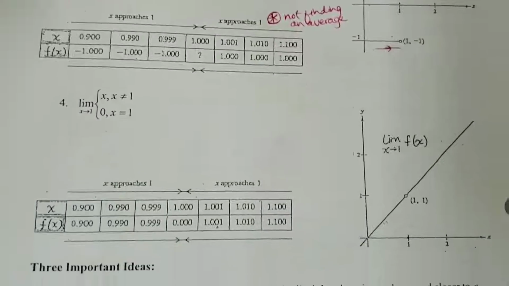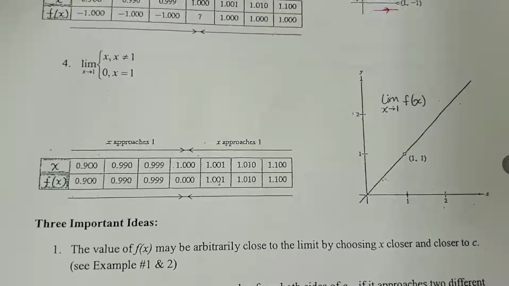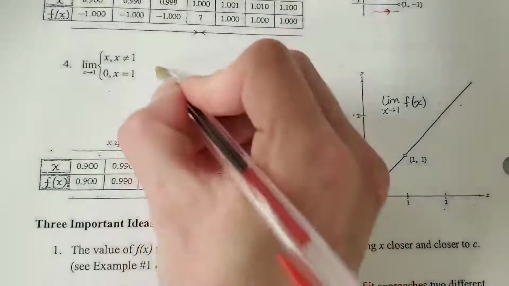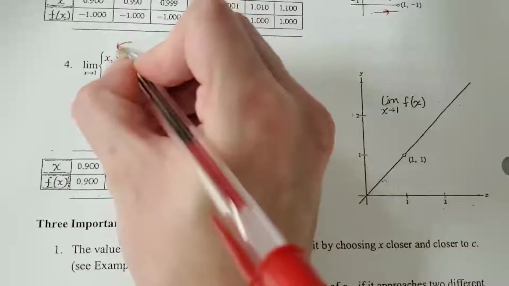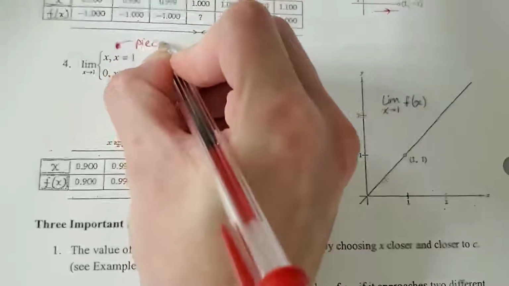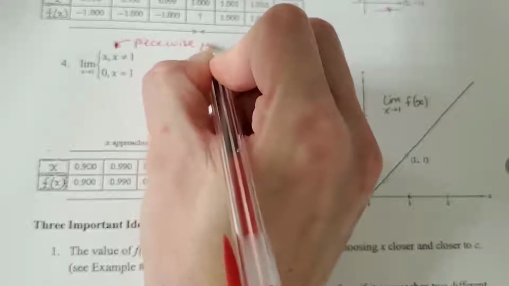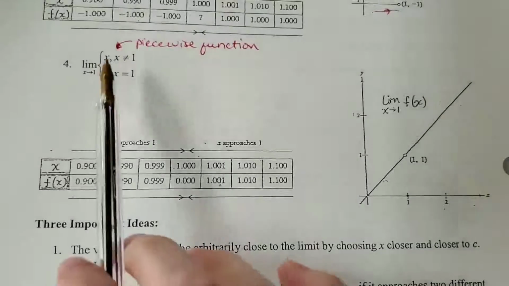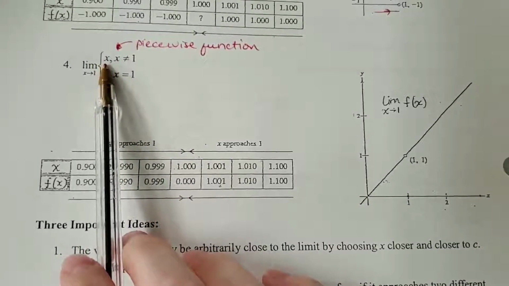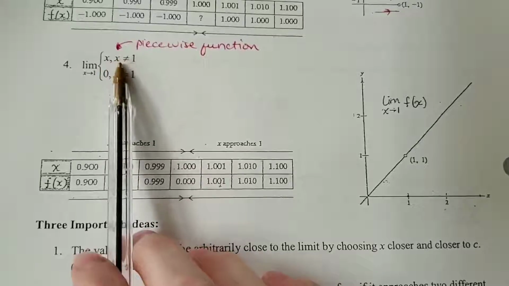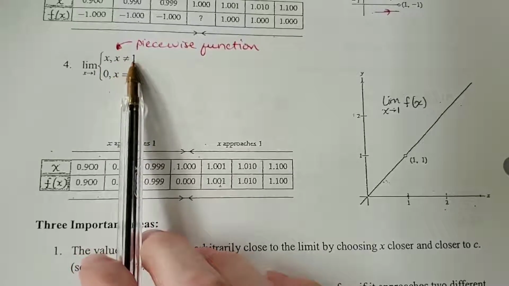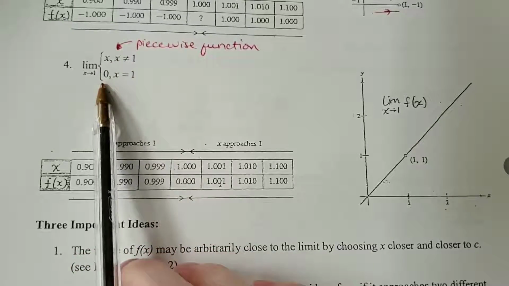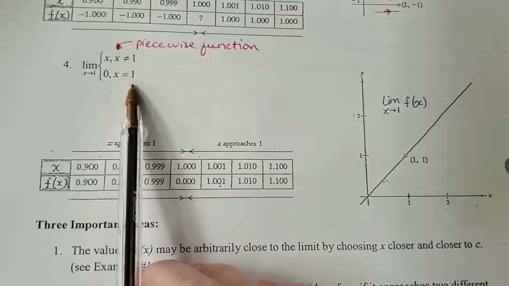All right, number 4. Here we have, if you don't remember what this is called, a piecewise function. Put that up here. Okay, so piecewise function, we have really 2 functions here. The first function is going to be y equals x, as long as x does not equal 1. And the second function is going to be y equals 0 if x equals 1.